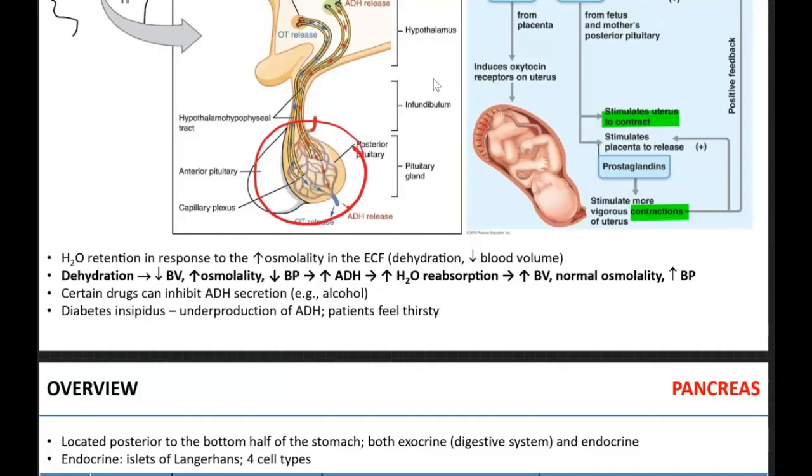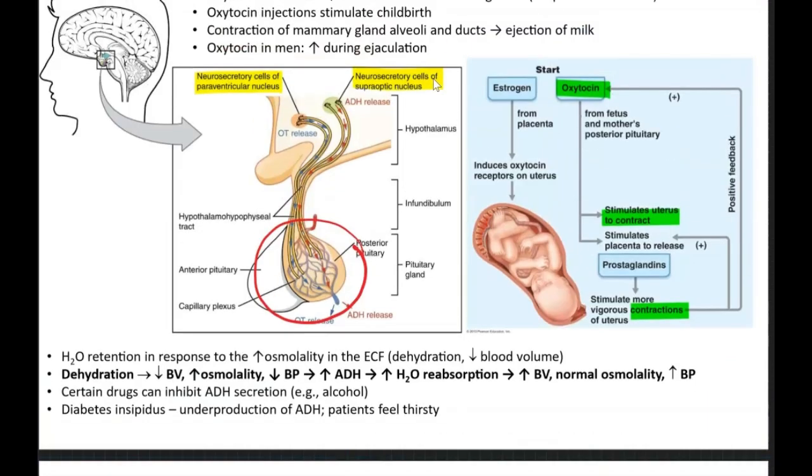So now, what about antidiuretic hormone? Let's say you are dehydrated. It means that the concentration of all the solutes in your blood and extracellular fluid increases. In response to that increase, antidiuretic hormone is released from the posterior pituitary.